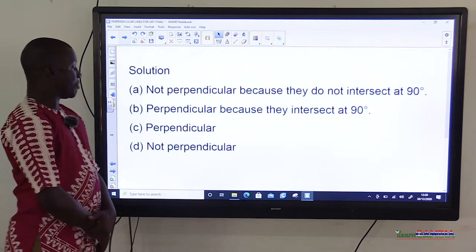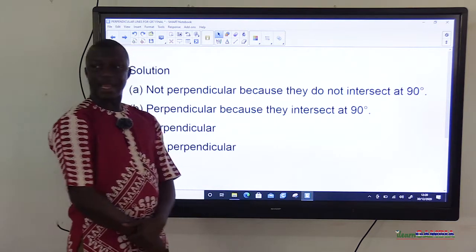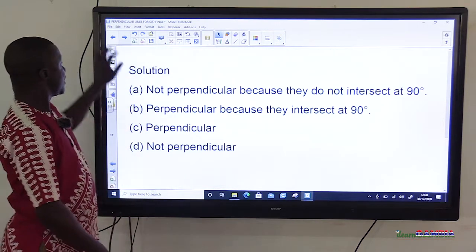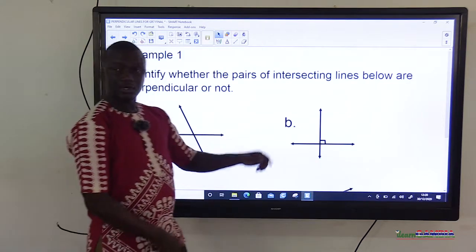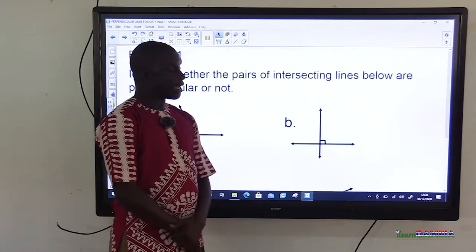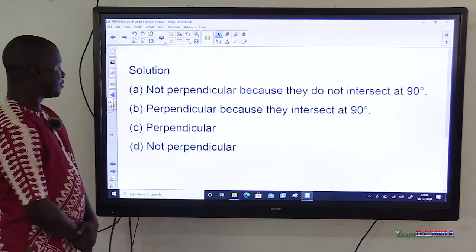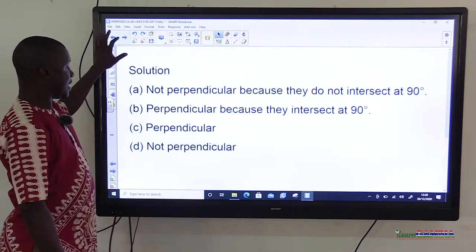And then B, it says perpendicular because they intersect at 90 degrees. As we said before, they are perpendicular because they intersect at a right angle. We move on. It says diagram C is perpendicular.